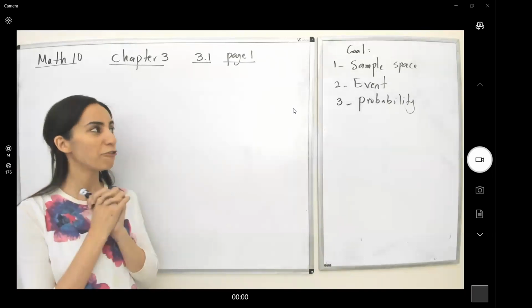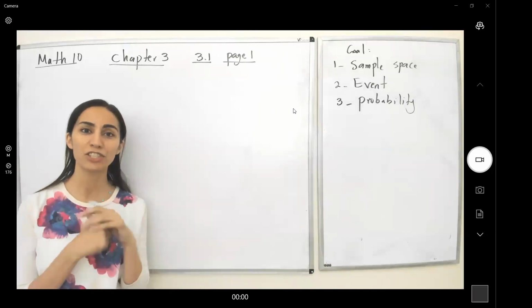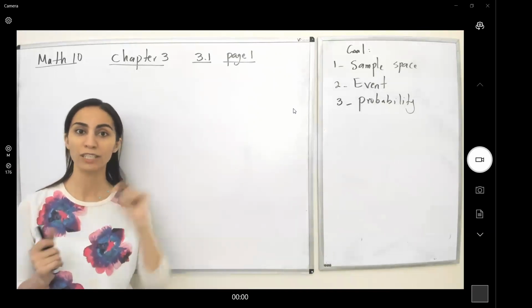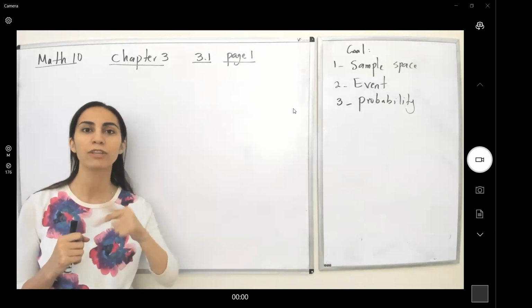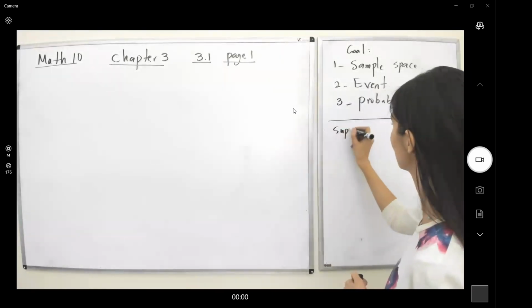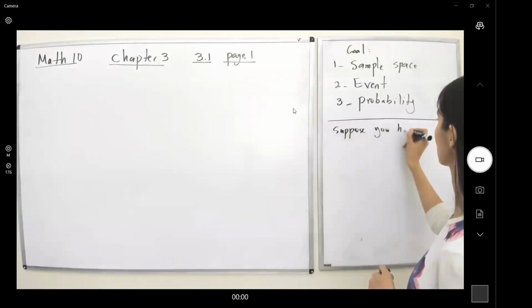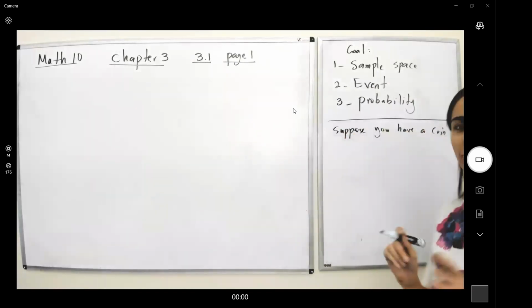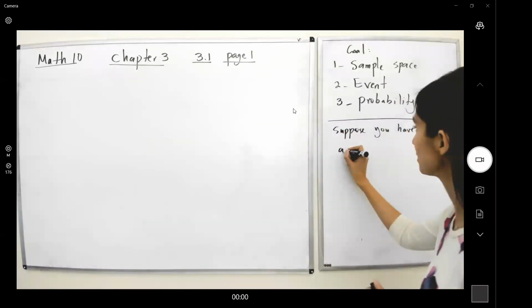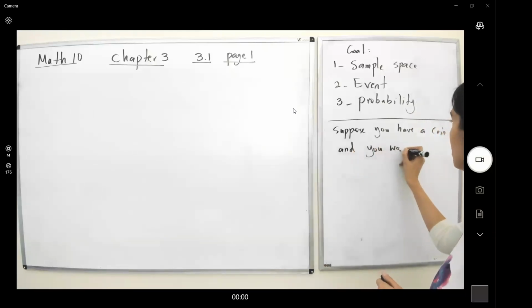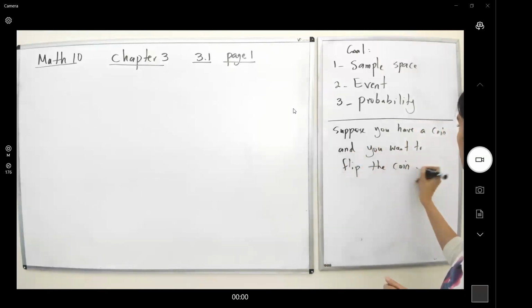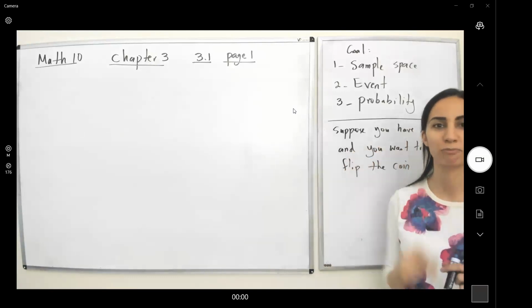Before going over the official definitions, think about this example. Suppose you have a coin, a fair coin, it's not tilted, it's just a nice coin, and you want to flip the coin once, just one time flipping.